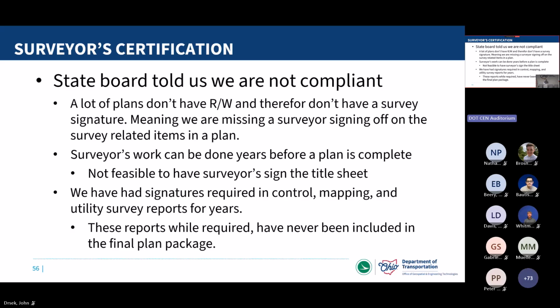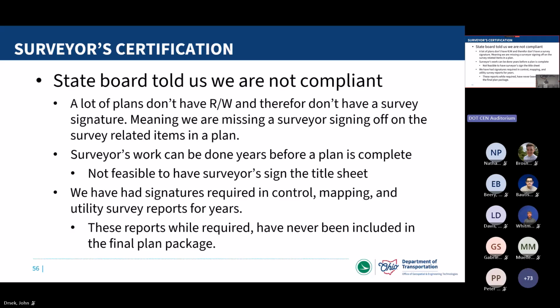Basically, what happened was the state board told us that we are not compliant. This is particularly plans that don't have right of way, so we're not really getting a surveyor certification in our plan set. But there's still survey related things in our plan that we should have a surveyor signing off on.